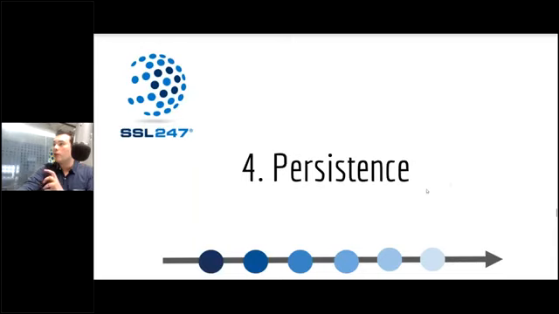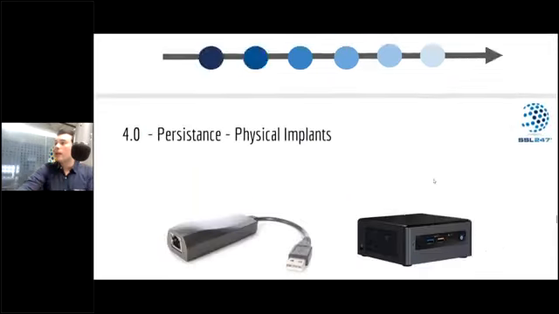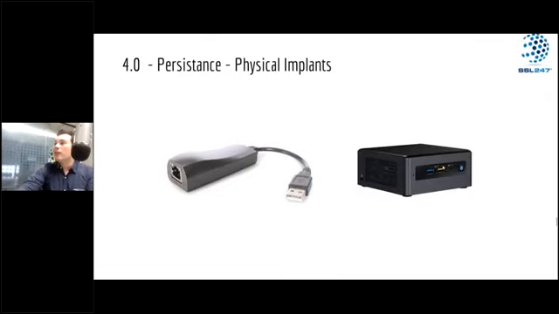So you try to find some persistence, and for that you can use physical implants. And a physical implant, for instance, is this kind of tool, it's a LAN Turtle. It's also on the screen.